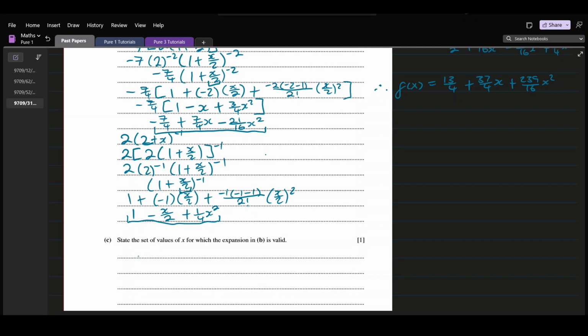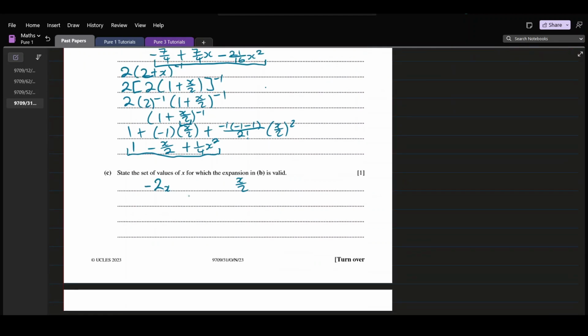And now if we consider both values, negative 2x and x over 2, when we are using this formula for binomial expansion, we're saying that mod x should be less than 1. Or in other words, x should be between negative 1 and 1.